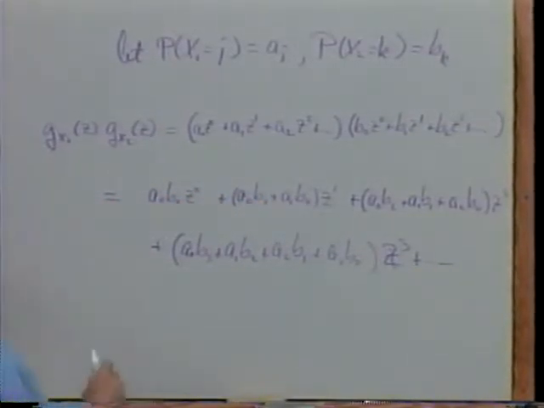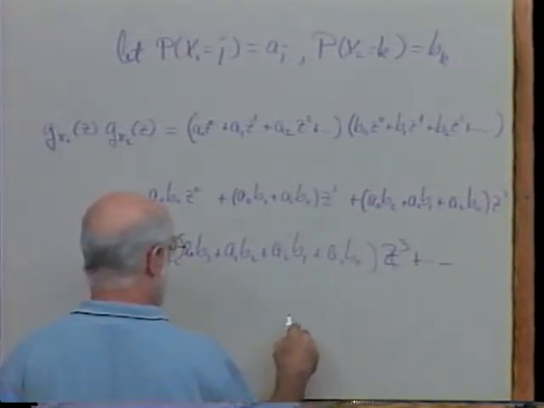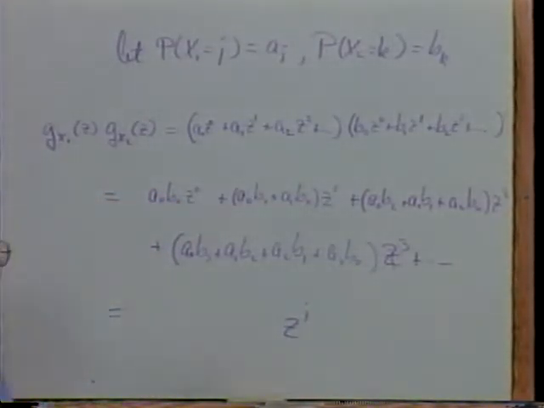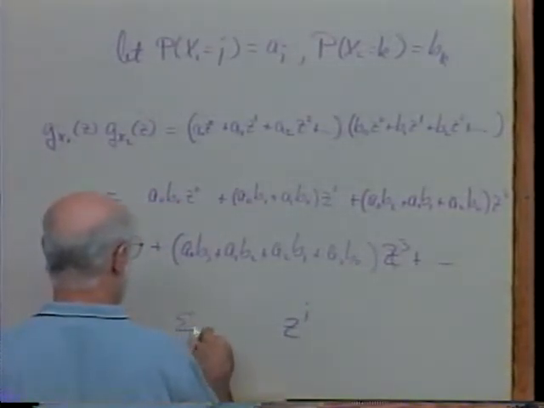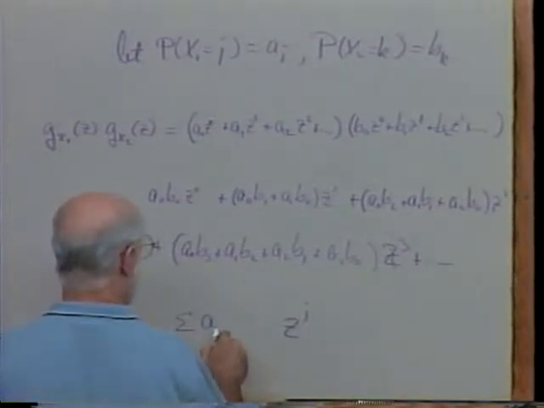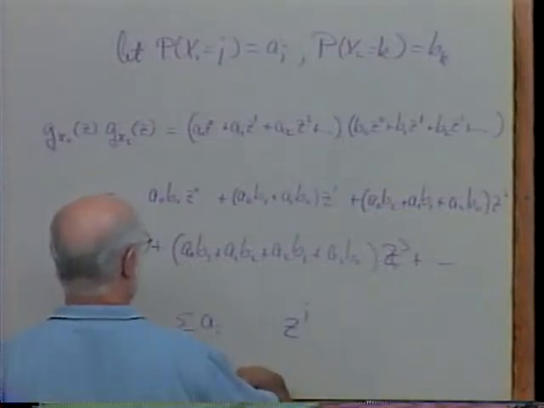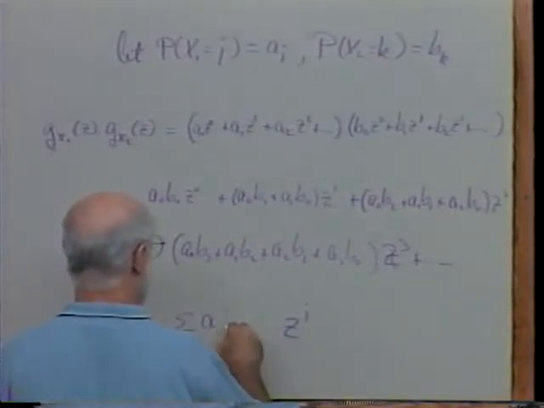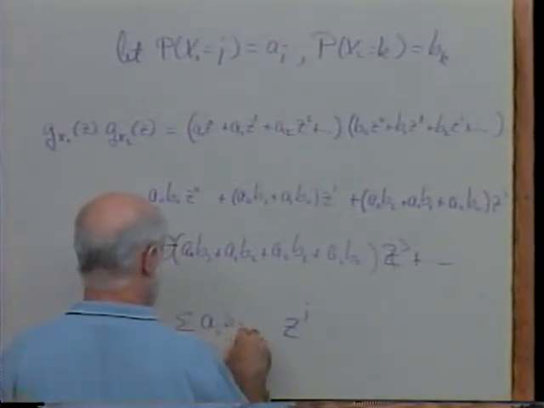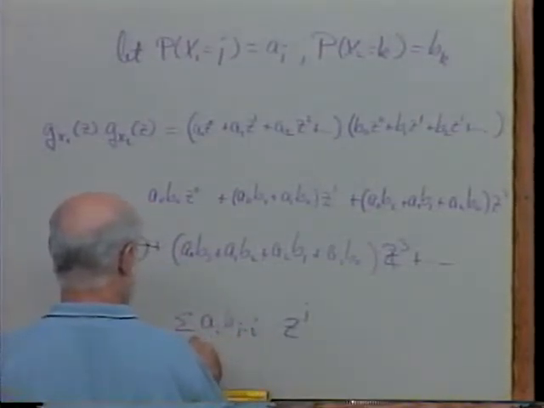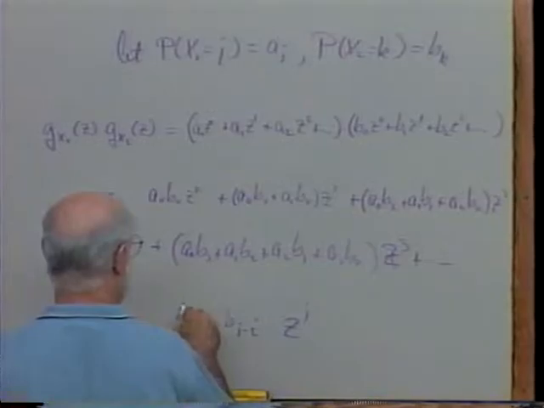So in general, what I'm going to get is this. Multiplying the term z to the j, I'm going to have the summation of a sub i times b sub j minus i as i runs from 0 to j.